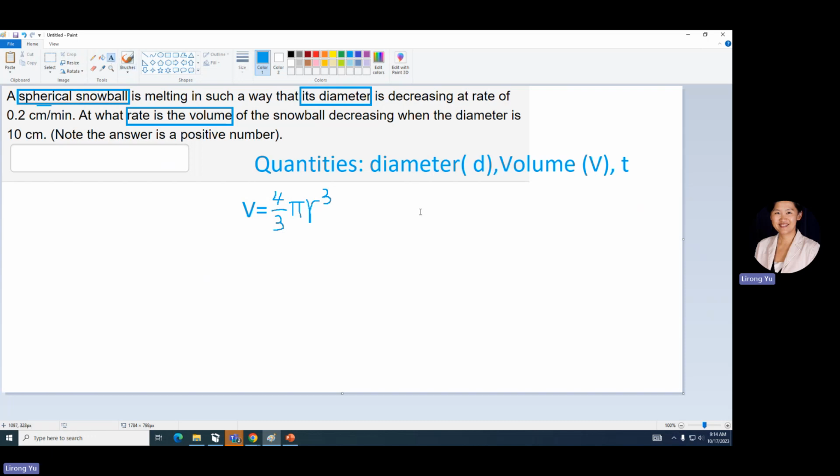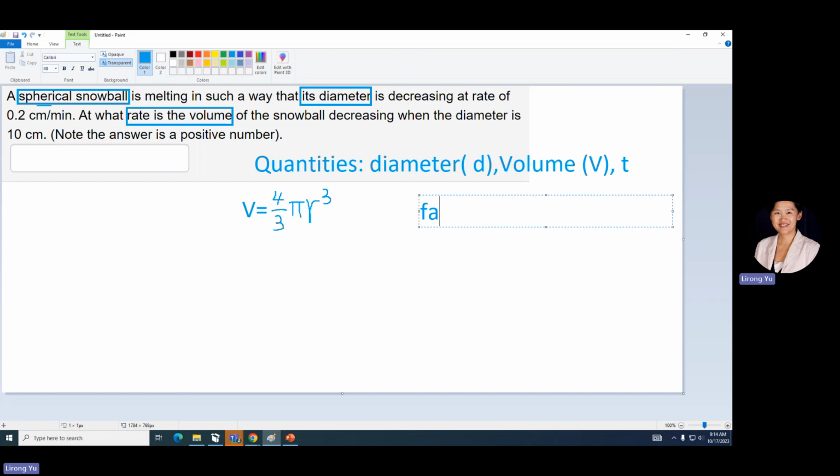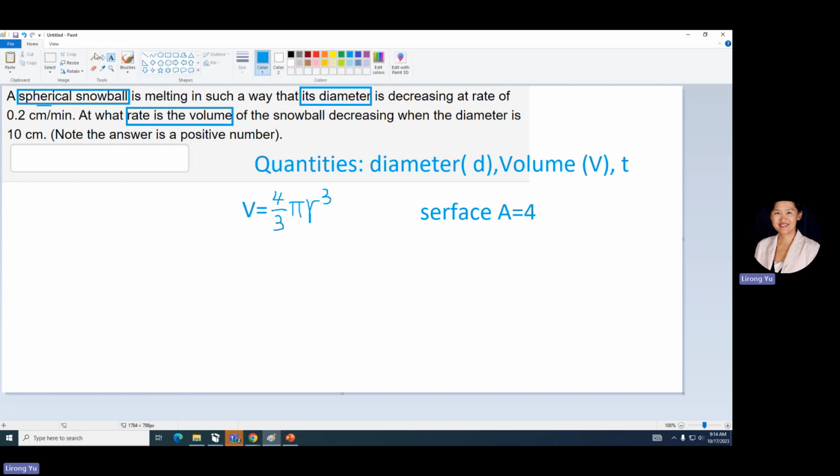We don't need it right now, I'm just reviewing. I just find it interesting that the derivative of the volume ends up being the surface area, and that's kind of true for a lot of other geometric figures. Right now, this question only has volume in it.